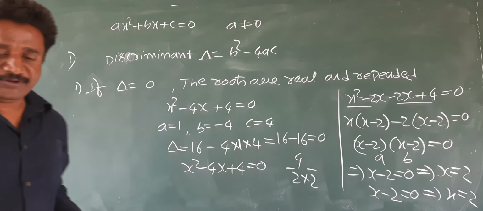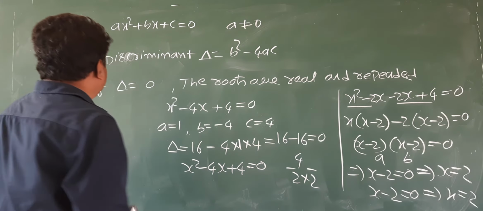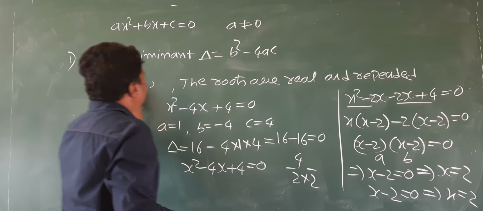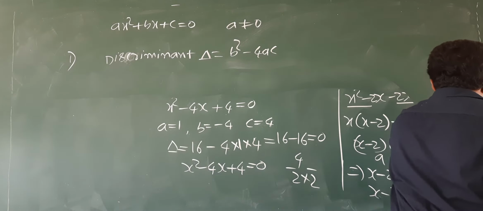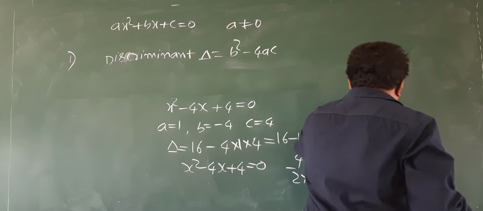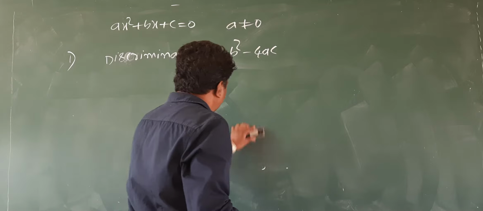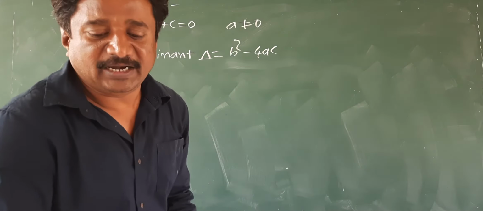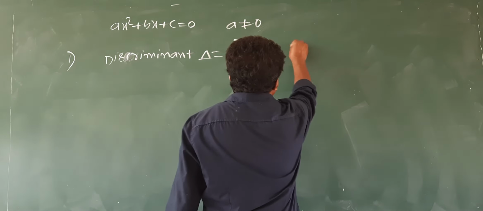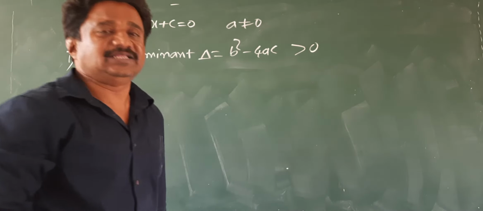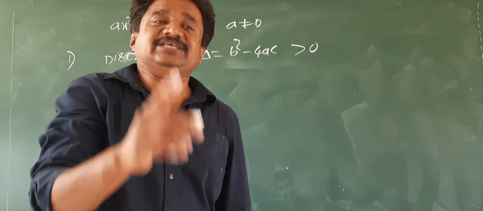Next, if the discriminant delta, which is equal to b square minus 4ac, is positive, positive means greater than 0, a positive real number, then the roots are real and distinct.